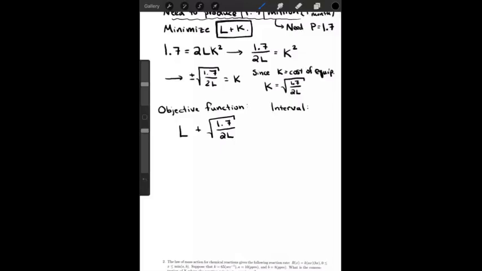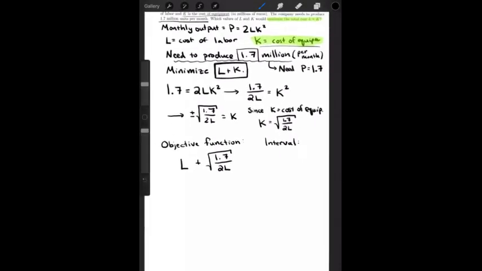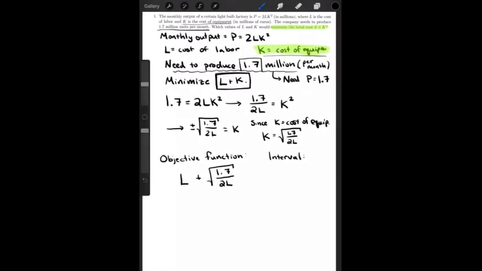But in this case, we're not going to quite be everything in the world forever. Right? Because if we look back up here at the problem, L is the cost of labor. Right? So L is another cost.